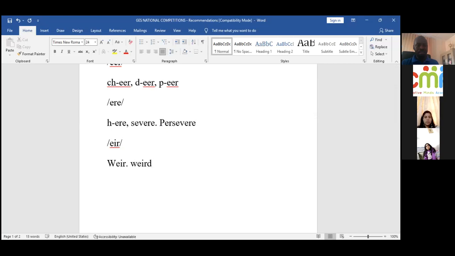Those are the only 2 words which I have met which have sound ear. However, the other words have EIR when it is saying air, not ear, for example, in the word their. So for this case, those are the only 2 words, but this EIR is another spelling of sound ear, which means it is an alternative spelling for sound ear, EAR.